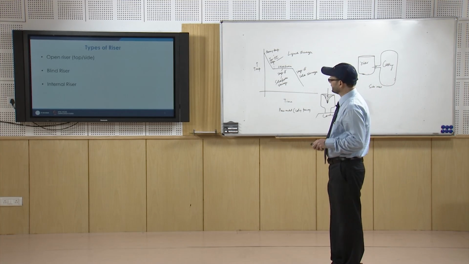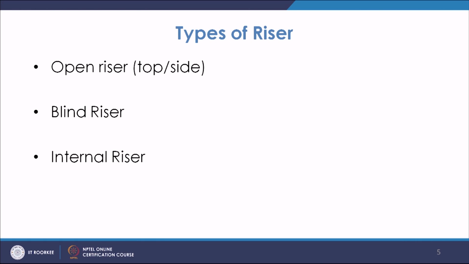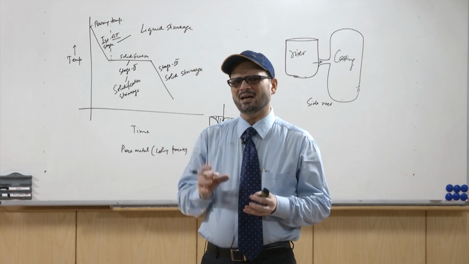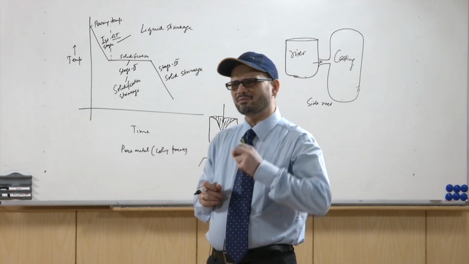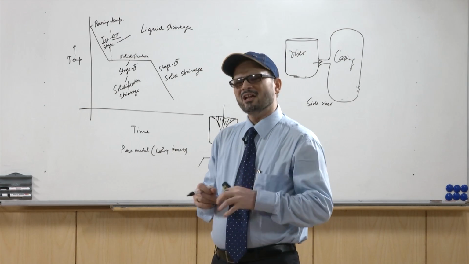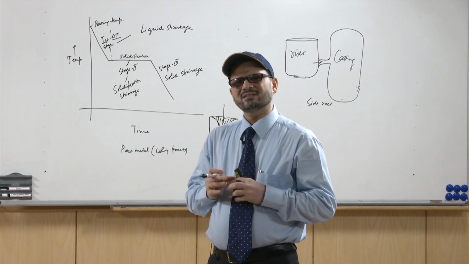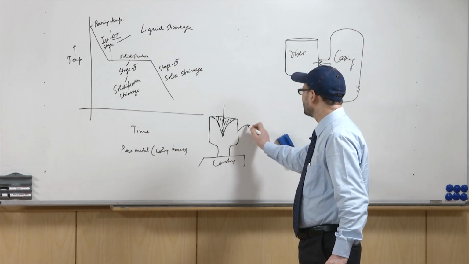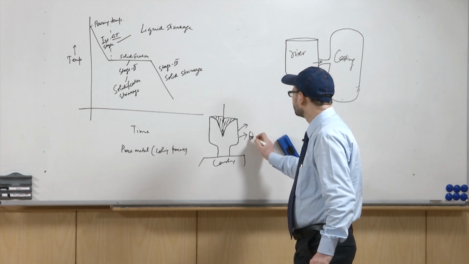Next type of riser is the blind riser. As we have understood, in the case of an open type of riser, the riser is open to the atmosphere and the atmospheric pressure as well as the gravity force acts on it, but at the same time the riser being open to the atmosphere loses its heat to surroundings.